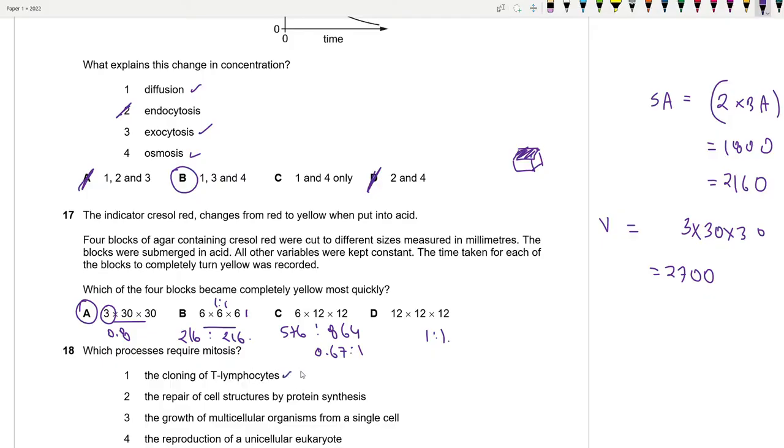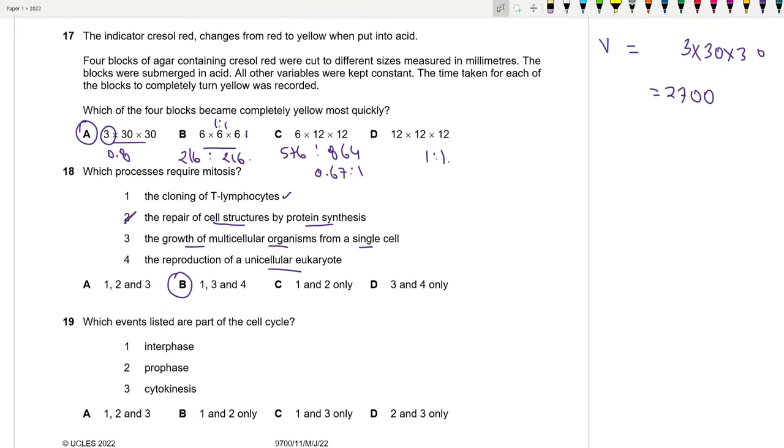Cloning requires mitosis. Repair of cell structures by protein synthesis can occur naturally without mitosis, so 2 is wrong. Growth of multicellular organisms from a single cell, true, like we became embryos from zygotes. Reproduction of unicellular eukaryotes, that is also mitosis. So it's 1, 3, and 4. 18 is B.